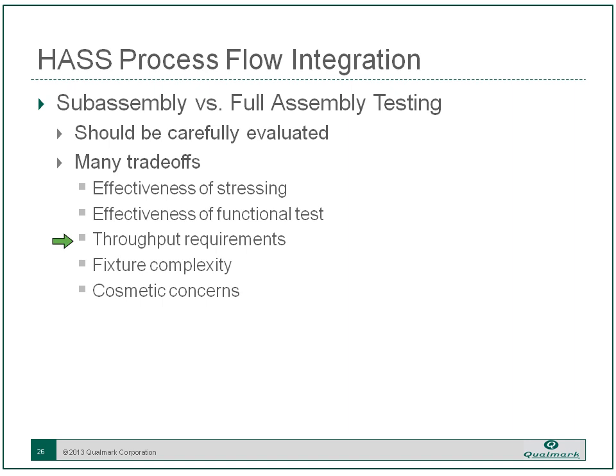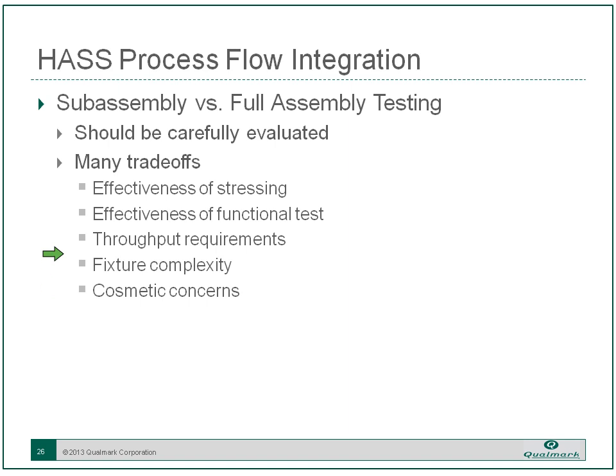If you're doing sub-assemblies, you'll probably increase your throughput because the sub-assemblies are smaller and probably easier to fixture many of them into a chamber than it is for the full-up assembly. So there are several trade-offs to consider, and they should be considered as you decide where is the best place to put HASS.